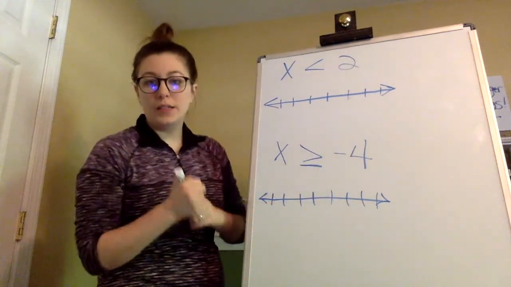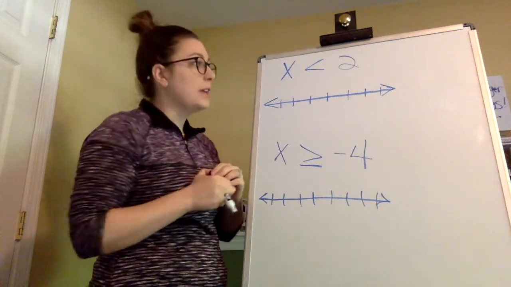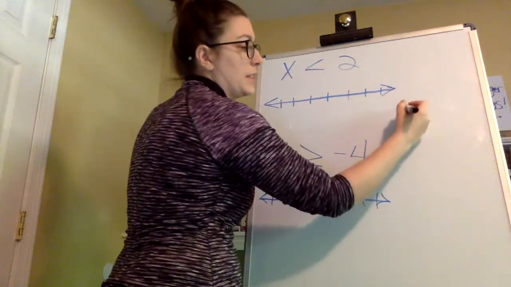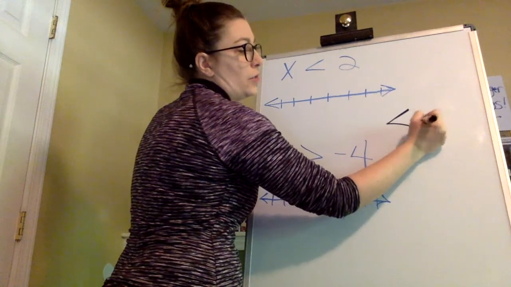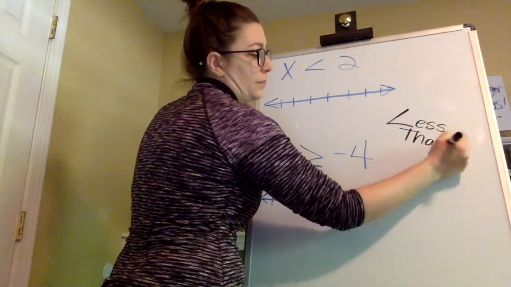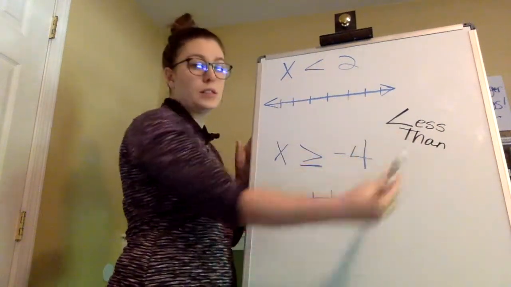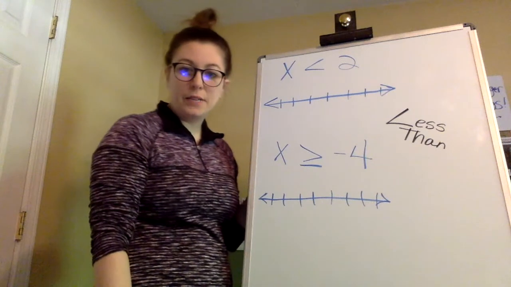So the way that I always remind my kids to remember these symbols is that this symbol, the less than symbol, literally draw it and it makes an L. So this makes this, therefore it means less than.